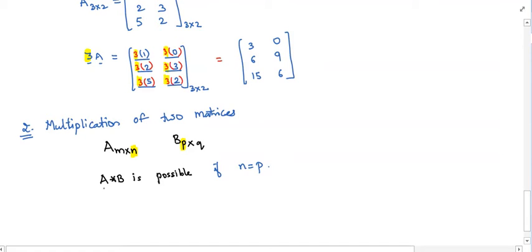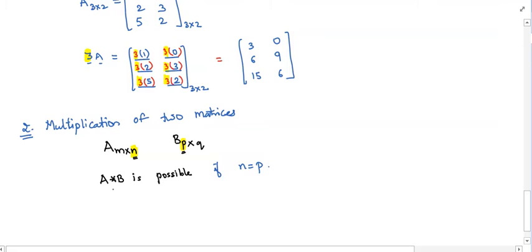Remember here the position matters. If you are doing A multiply B, then the number of columns in the first matrix should match the number of rows in the second matrix. If you change the position to B multiply A, then it will be different. It will not be n and p, instead it will be q and m. So we have used A and B, m, n and p to check if the multiplication is possible or not.